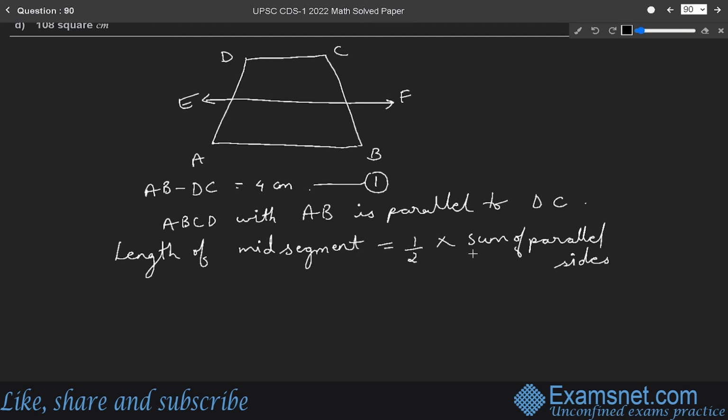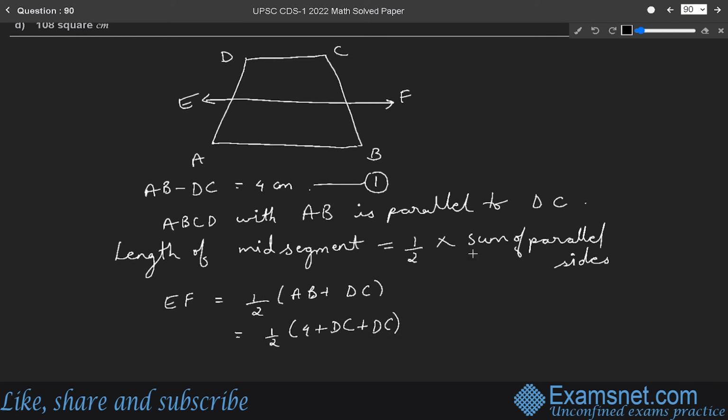So since we know that a line through E is drawn parallel to AB, therefore using the formula we can write that EF will be equals to half into AB plus DC. On further solving, we can write half into 4 plus DC.